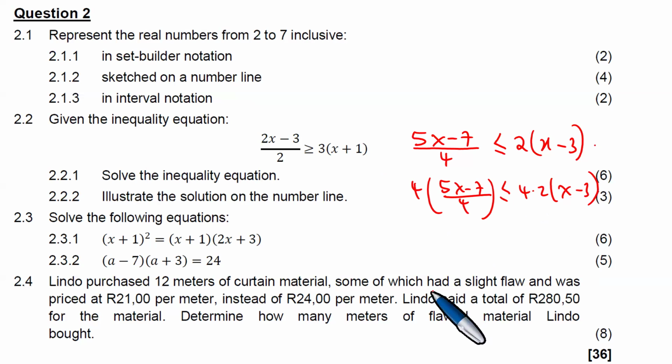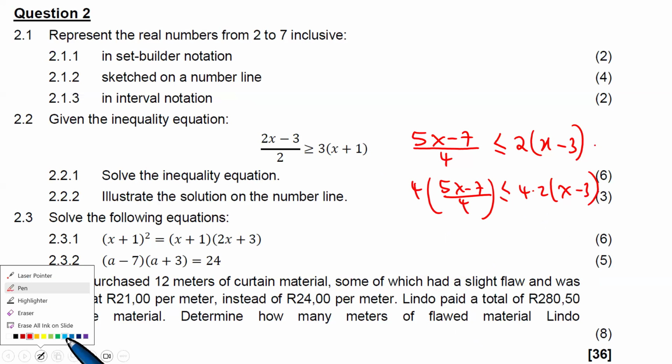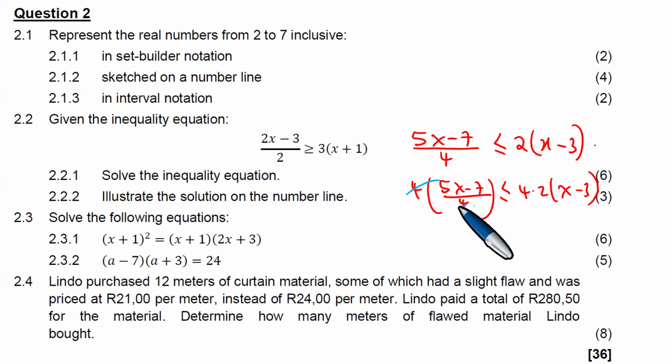And then you cancel the divide by 4. And then you have 5x minus 7, less or equal to 8x, and then minus 3, because 4 times 2 is 8. Well done. Next.